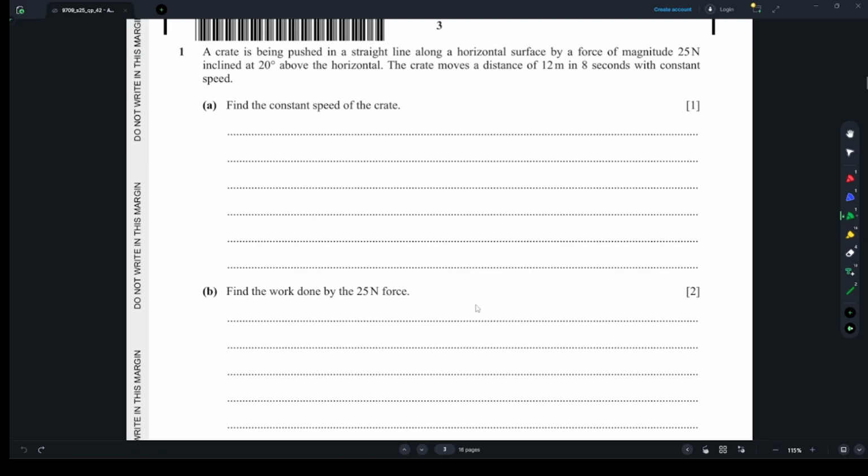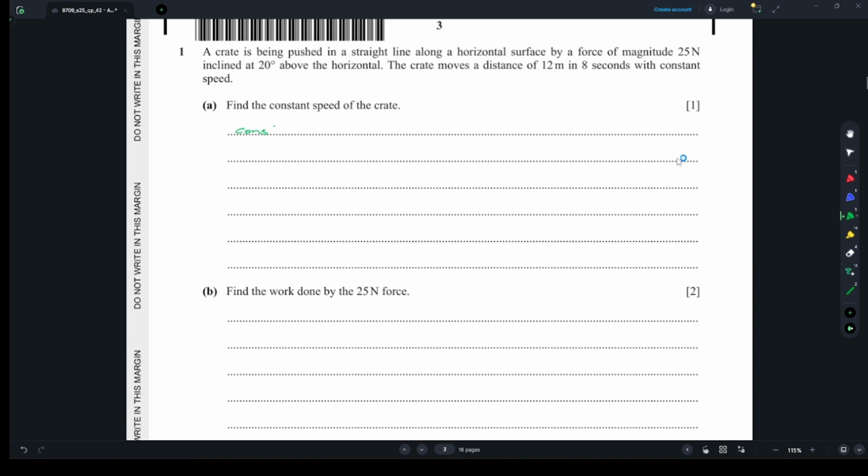So the first part: find the constant speed. It's 1 point, so it should be a really simple and easy one. As they are saying that this is moving with a constant speed, we can simply use v equals s over t.